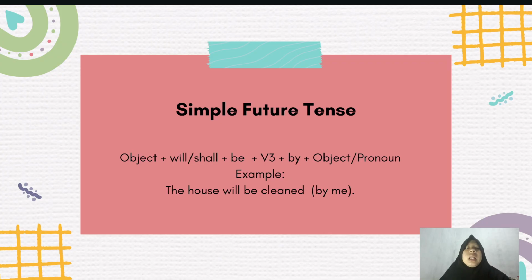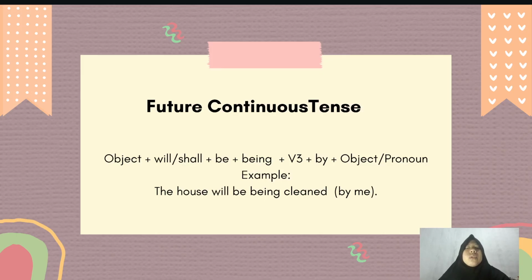And finally, let's discuss the future continuous tense, which is used to describe actions that will be happening at a specific time in the future. In the passive voice for the future continuous, we use will be being followed by the past participle. Okay, an example for active voice is "I will be cleaning the house every day."